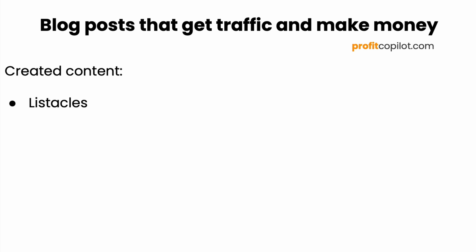So if you want another example of how to structure a listicle, it's just something like the top 10 ways to achieve X, Y, or Z, or the top 7 ways, or the top 5 ways. So basically, we just combine a list into a blog post. And this piece of content I'm making for you is really just a list of 37 types of blog posts that get traffic and make money. So this in itself is an example.